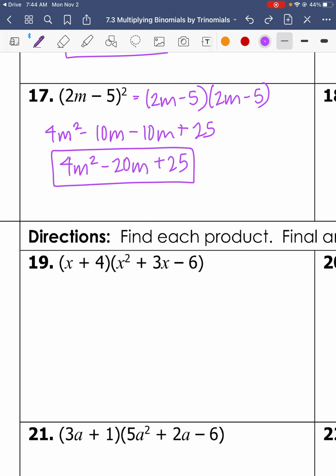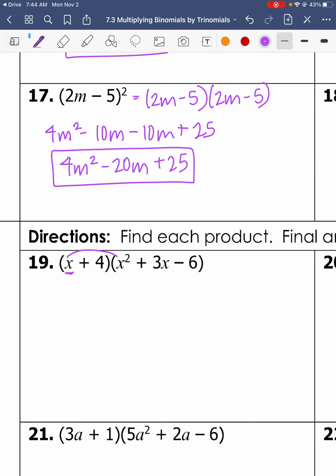So what we're going to do is take this first x and multiply it by each term in the second polynomial, and then we're going to take the second term, this 4, and multiply it by every term here. Then we should end up with 6 separate terms, and then we can combine like terms for our final answer.